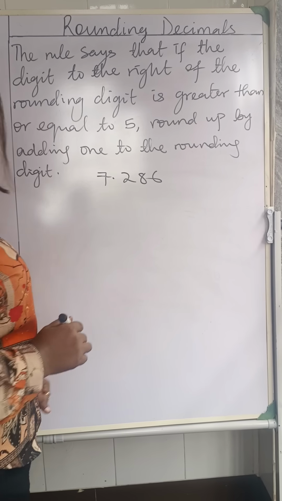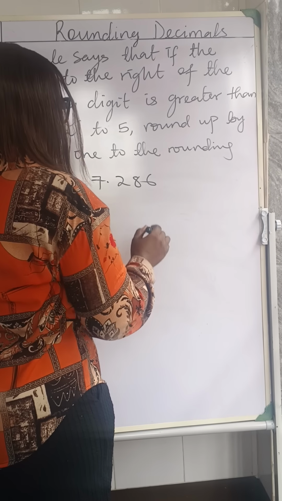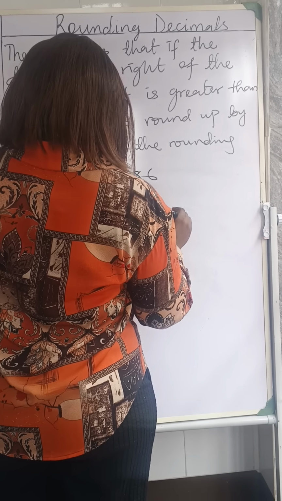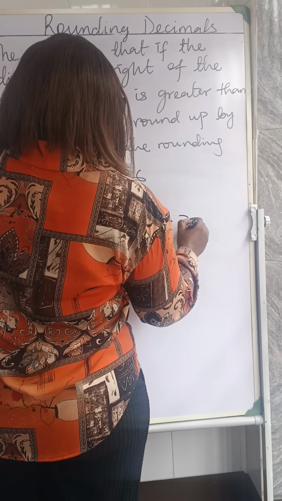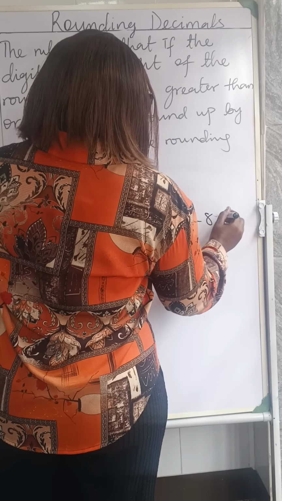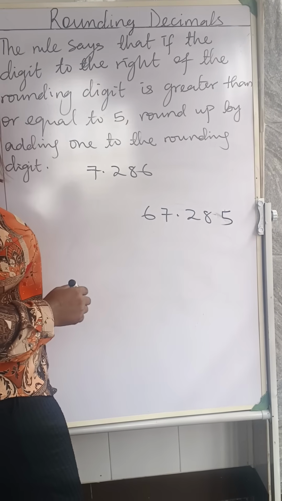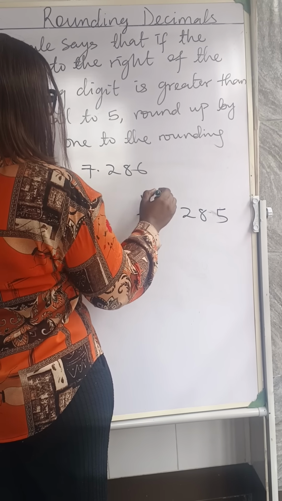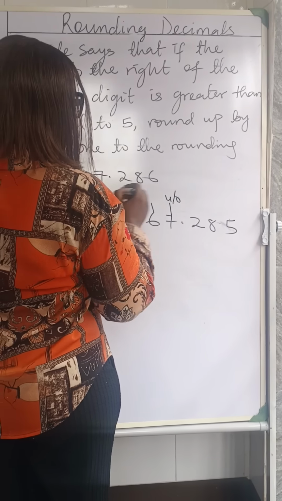Before we go into that, let me give you this demonstration to help us. If we have 7.286, now this 6 here is our unit or our ones.